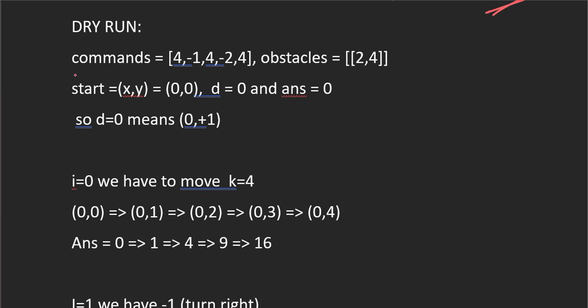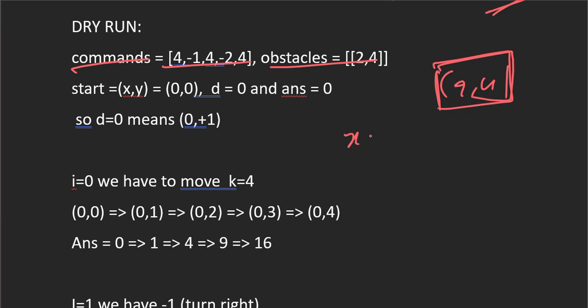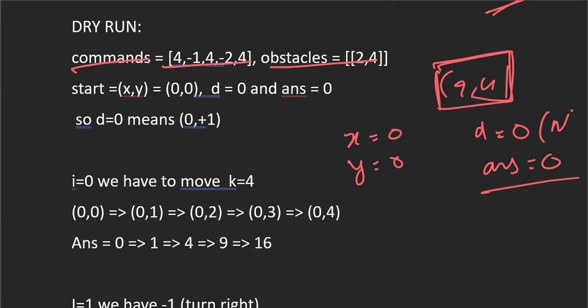So it is given us commands as these values and the obstacle is at 2 comma 4. At 2 comma 4 we have an obstacle. So the starting point is x equal to 0, y equal to 0, and our d is equal to 0. Even our answer is equal to 0. D equal to 0 means north side, right? So d equal to 0 means 0 comma plus 1.